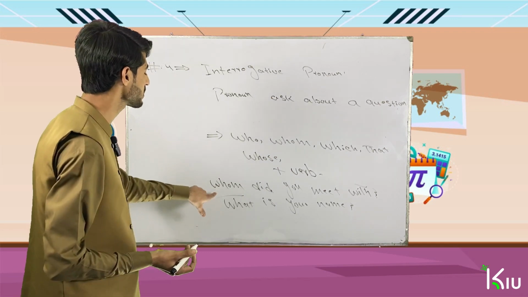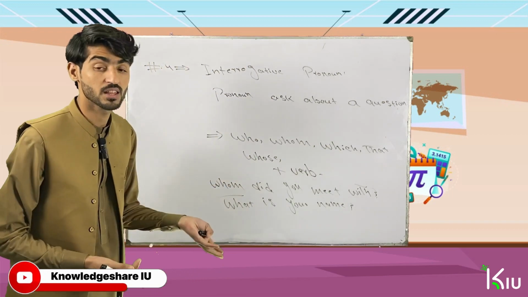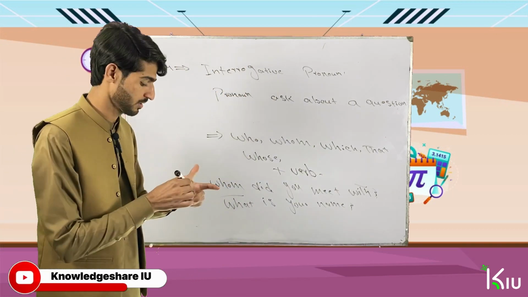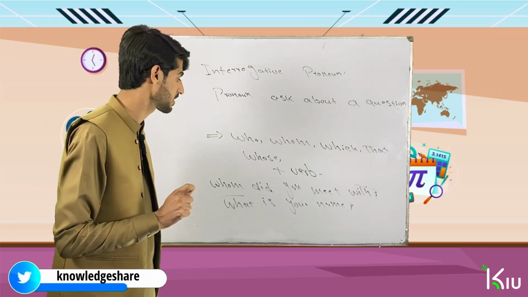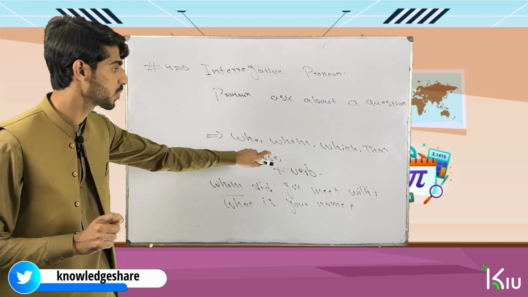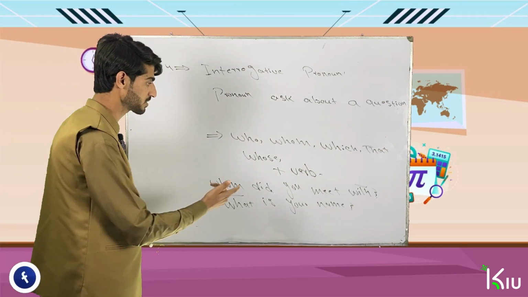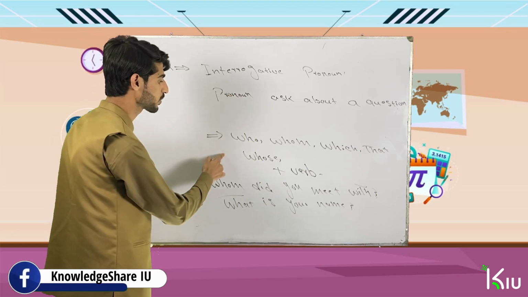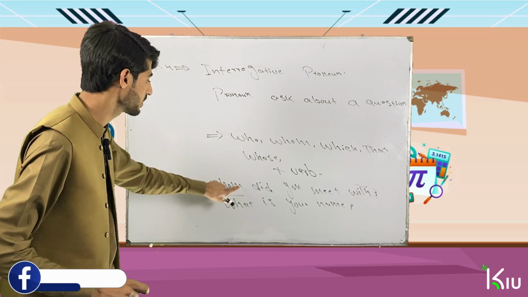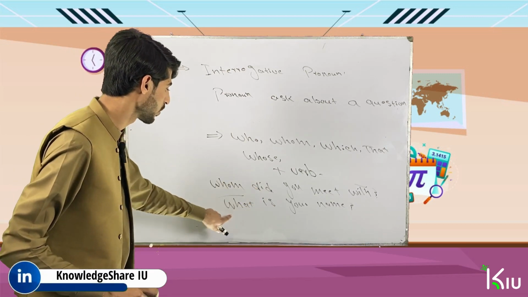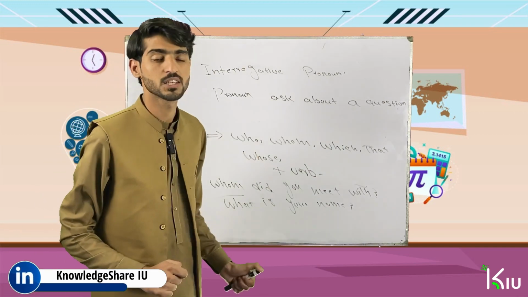So in these examples, whom, what, which, that, and whose, these all are interrogative pronouns because they are used to ask a question in a sentence. And we have who, whom, which, that, whose. If you want to make a question, first of all we'll put interrogative pronoun. With that, we will use a verb, like whom. Whom is interrogative pronoun. With it, I put here the verb did. What, then, is. Is a verb, okay? So it was all about interrogative pronoun.